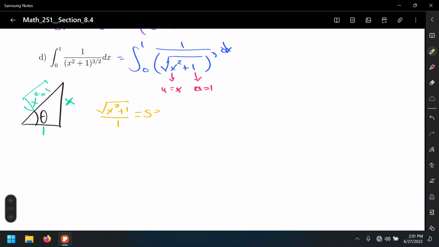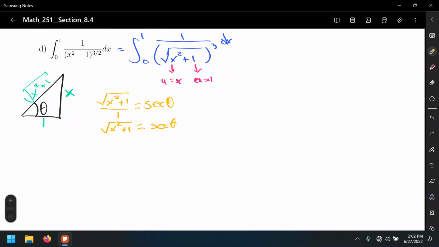Secant. Well, let me just simplify. Square root of x squared plus 1. If we had a different number in the denominator, we would multiply both sides, which is technically what I'm doing. But multiplying by 1, it's the same. Okay, so that's the first part.